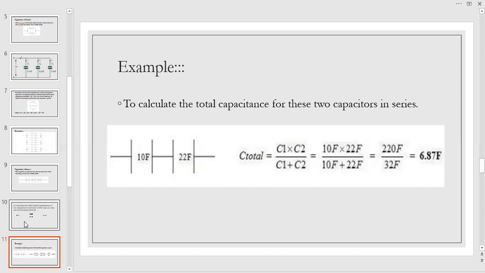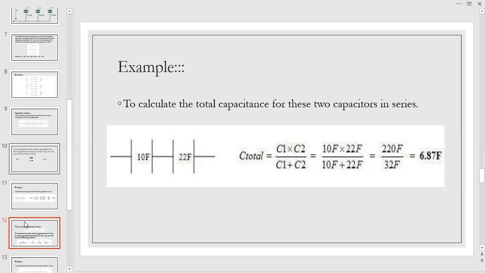We need to calculate the capacitors which are in series. The formula is C total equals C1 into C2 by C1 plus C2.